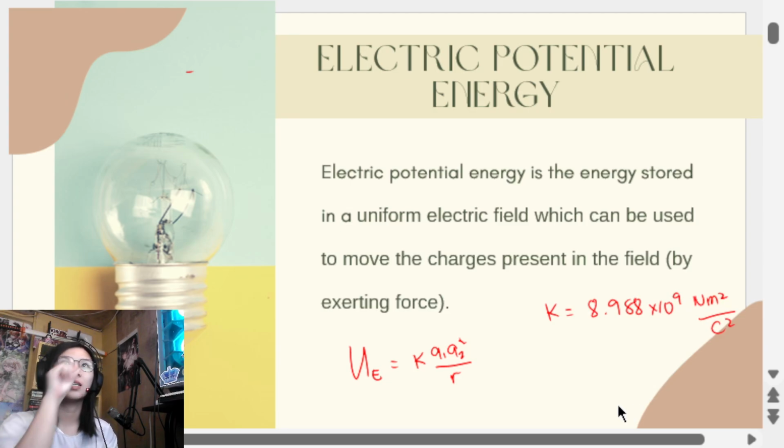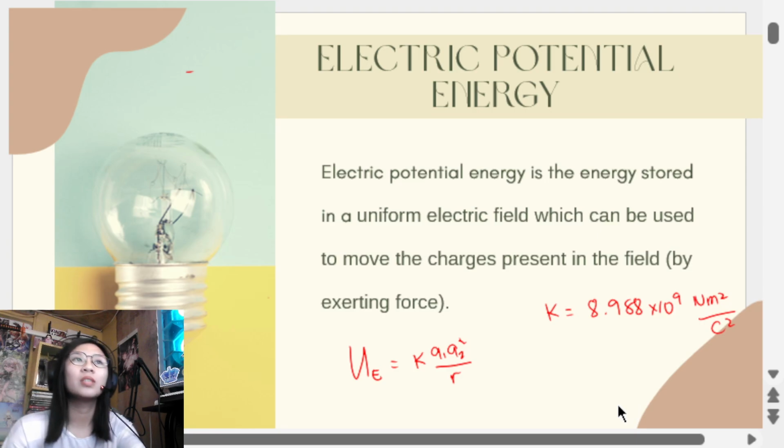So UE means electric potential energy, and it is equal to k, which is our Coulomb's constant, if you still remember Coulomb's law, that is 8.988 times 10 raised to 9 newton meter squared over coulomb squared.